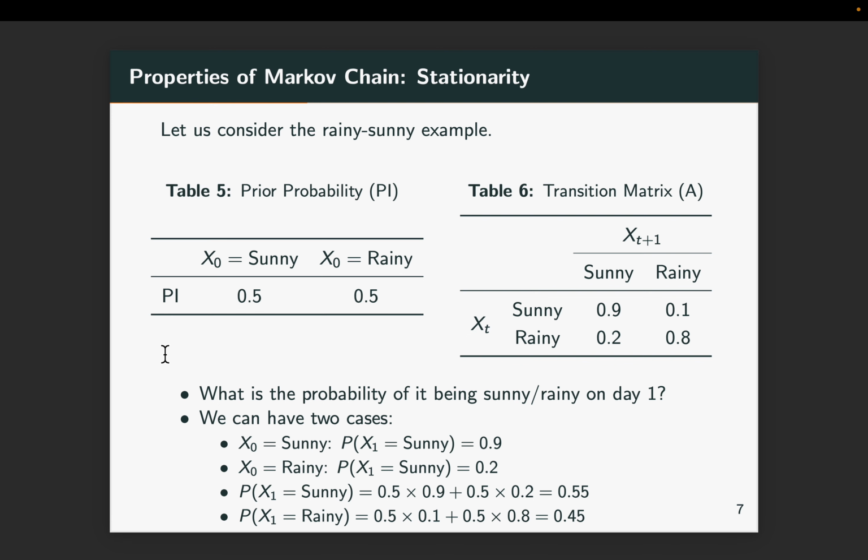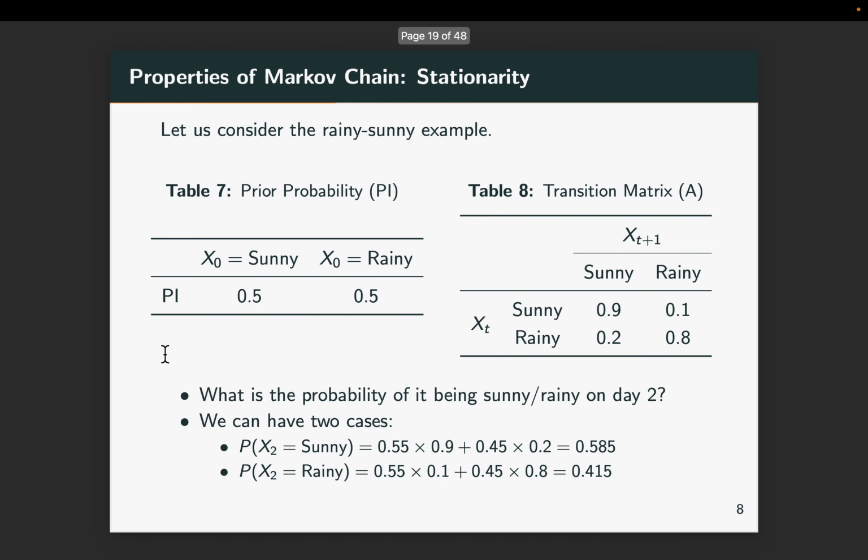So once you have figured out this answer, can you tell me the answer for the t-th day? Okay, let's look at the answer for day 2. Probability of x2 being sunny. Now, importantly, you are considering the beauty of the Markov chain, or the assumption that you have taken.